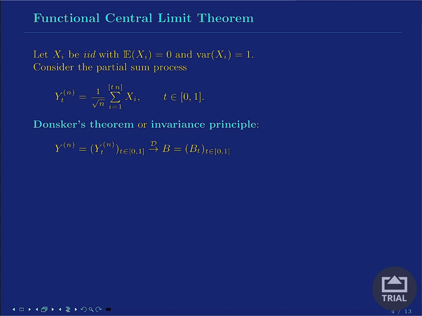So if we have more generally a sequence of independent and identically distributed random variables with mean 0 and variance 1, and we define the partial sum process Ytn as the partial sum of the xi's standardized by square root n, so that this process at the right endpoint of the interval, t equals 1, has variance 1, then Donsker's theorem says that this process, defined in terms of these partial sums, converges to a Brownian motion in distribution.